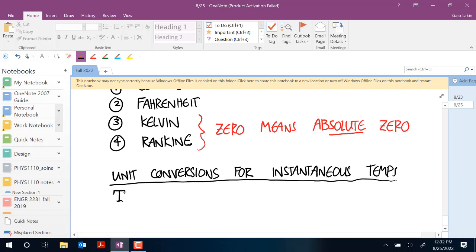The temperature in Fahrenheit is the temperature Rankine minus 459.67. Or in other words, zero Rankine is equal to negative 459.67 degrees Fahrenheit.